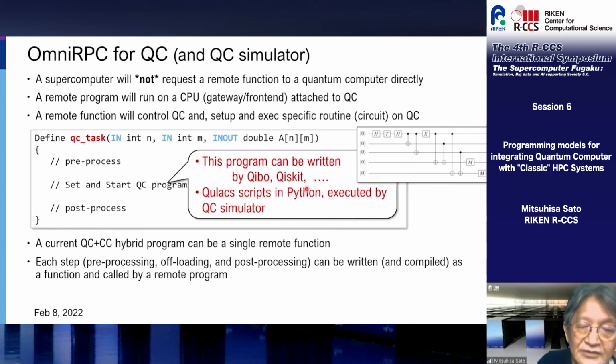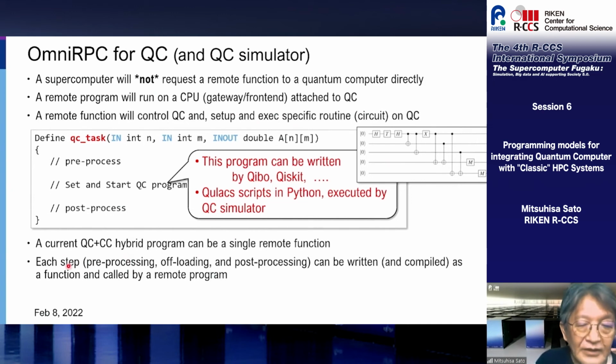This is the framework proposed by Virgin Q. This language is a kind of description of the quantum program or quantum circuit. Also, for the simulators, a Qulacs script in Python is executed by the quantum simulators here.